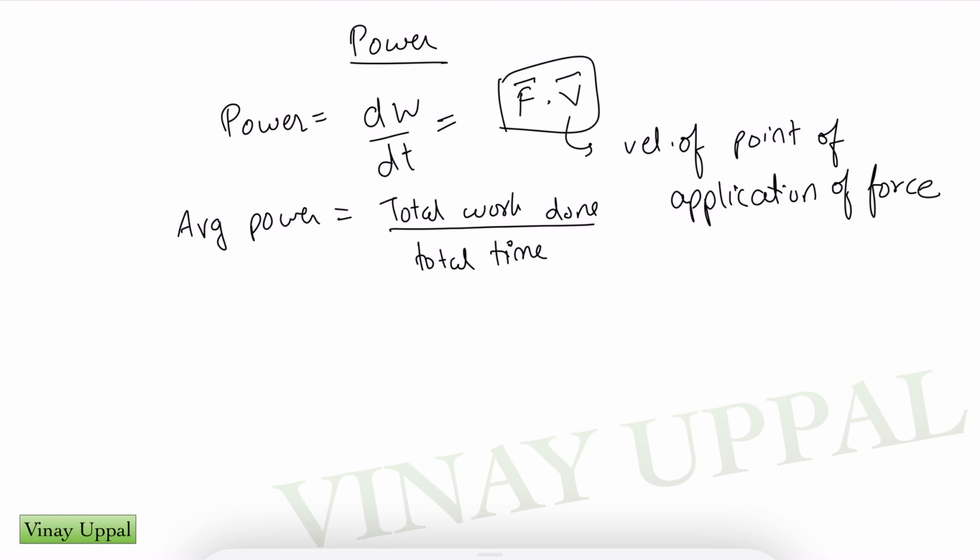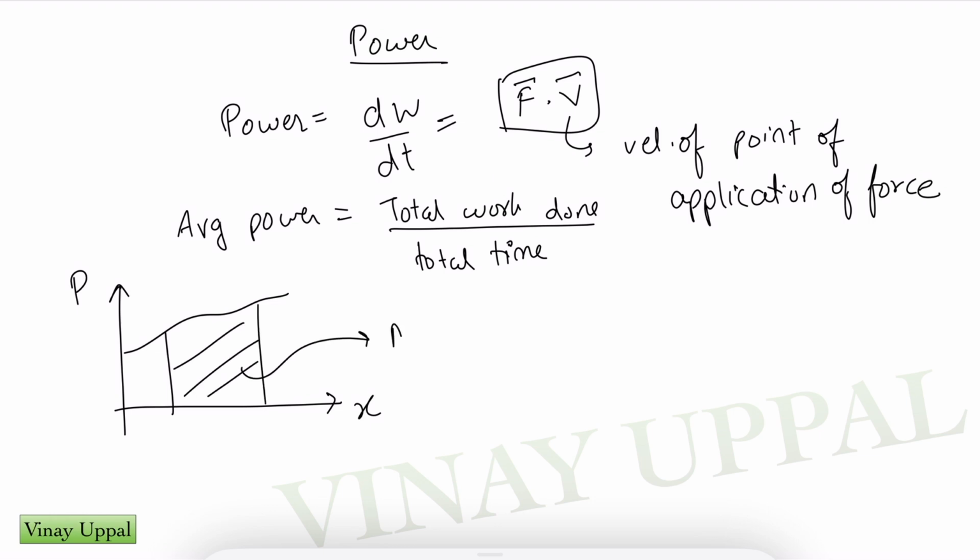One kind of question that appears sometimes is they give you a power versus position graph. So whatever graph they give you, the area under the curve, what will that be? That will be power into dx. Now can I write power as, since we are talking about the one dimensional case, the force into velocity into dx. This is the net power, so net force, and net force I can write as mass into acceleration, and acceleration I can write as v dv by dx.